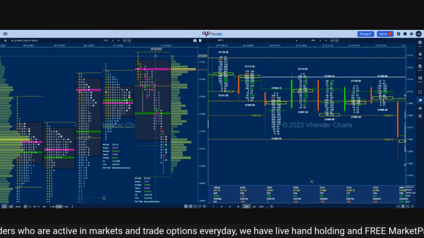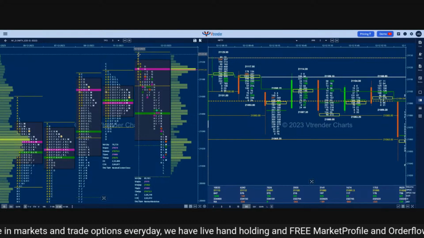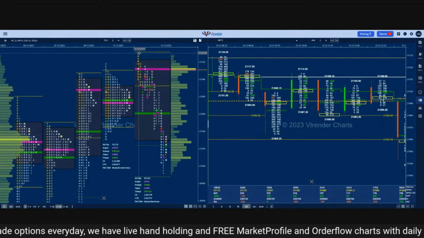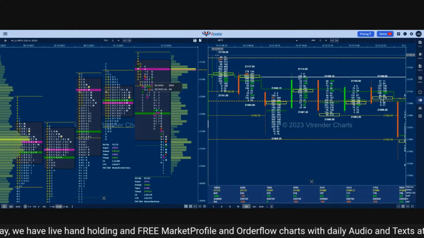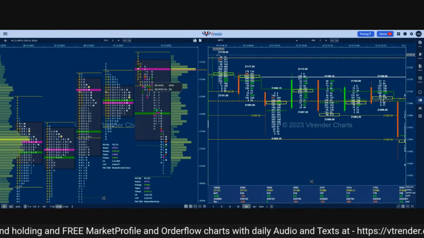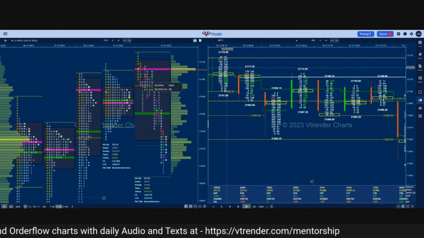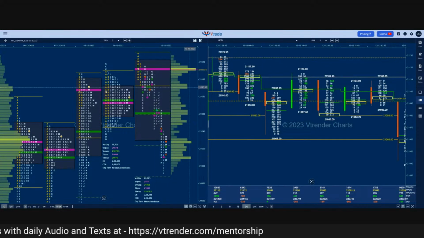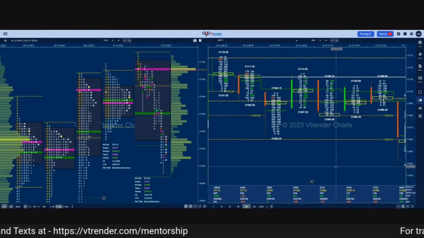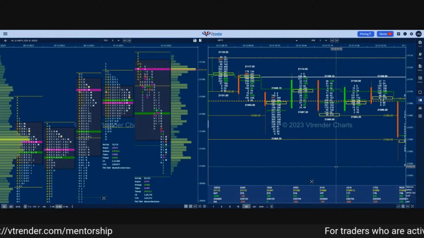So what we can see on the 12th, on the market profile chart, is that we opened at all-time high. This was the all-time high on 12th, 21130 in Nifty futures. And we did not get any fresh demand. So we made a slow probe lower, but in the order flow, it was not showing any initiative selling.